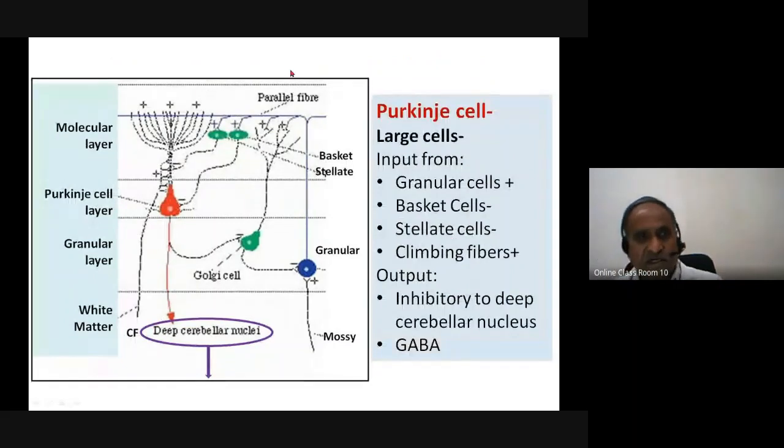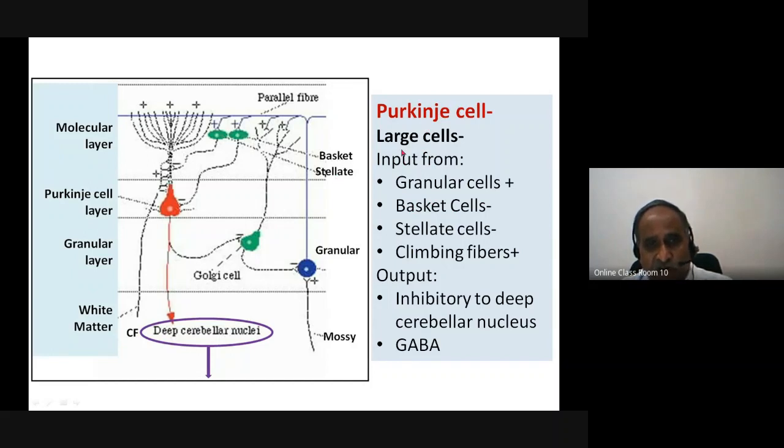Let us consider this part. The Purkinje cells are large cells. They receive input from granule cells. Look here. This is the granule cell axon, a T or a parallel fiber, and at each intersection with the dendritic tree here, it gives excitatory input to the Purkinje cell.